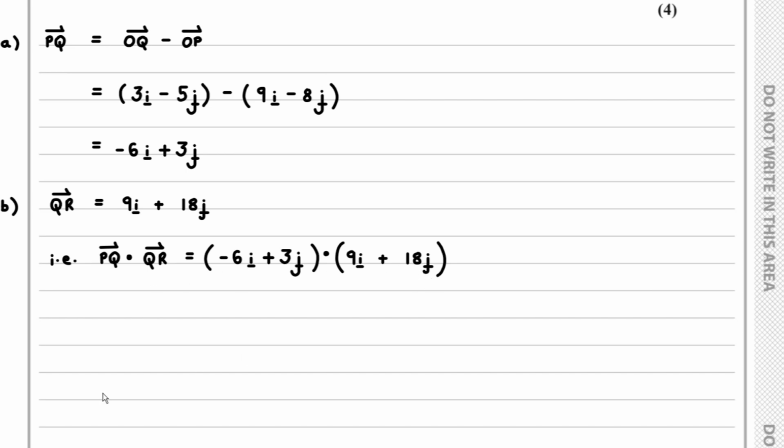And if I end up with 0, we can conclude that PQR is 90 degrees. So we have negative 6 multiplied by 9 plus 3 multiplied by 18, which is 0. And because PQ dot with QR is equal to 0, we can conclude PQR is 90 degrees.